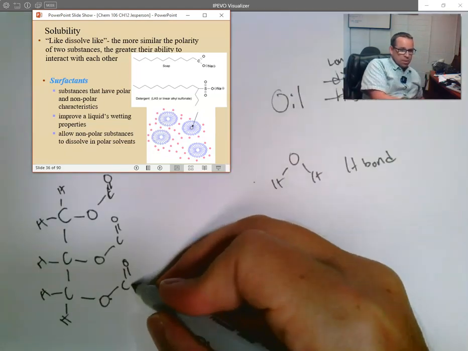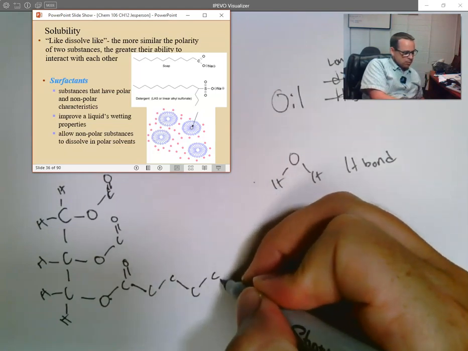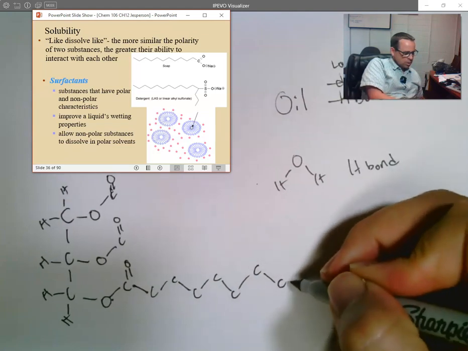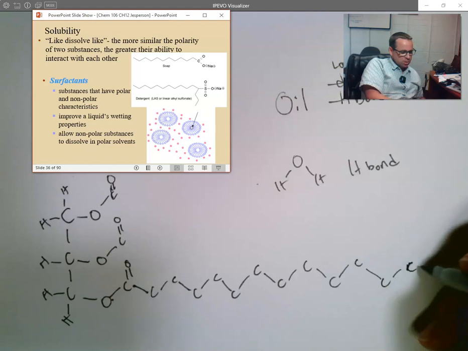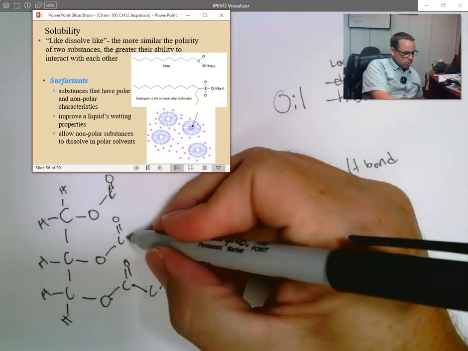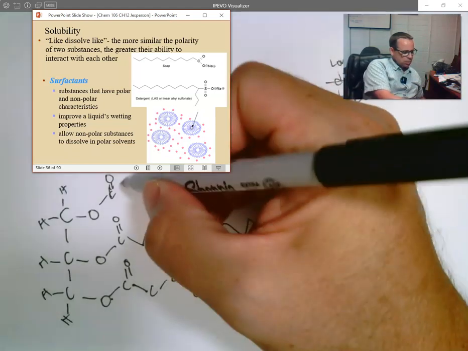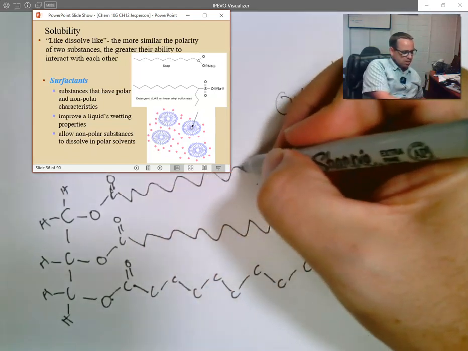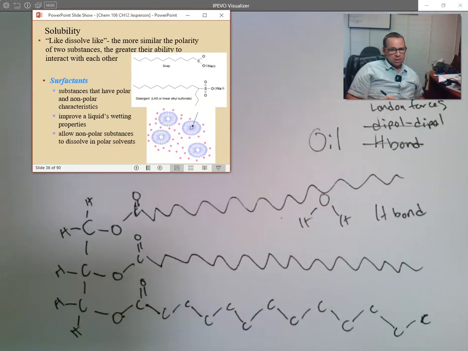And then these carbons have chains of carbons which are coated in hydrogens, and these chains will go on, and different oils differ from each other based on the number of carbons in those chains. All right, another name for this kind of compound is a triglyceride.